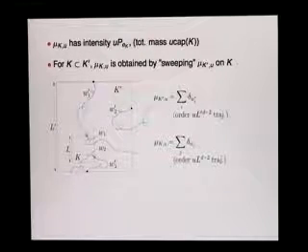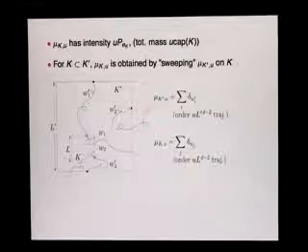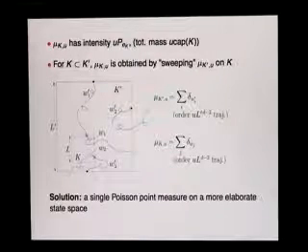complicated looking problem. And as often in mathematics, you obtain the solution by going to a more complicated space on which you are doing a simple construction. So what's the more complicated space?